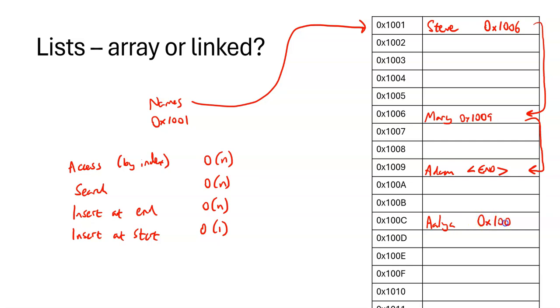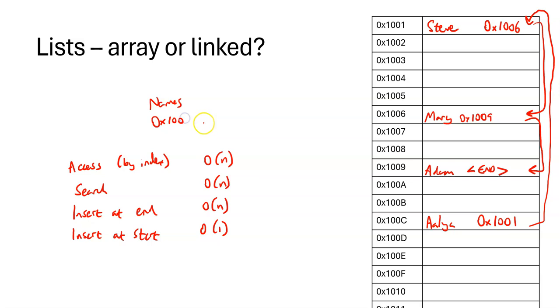Alia is then going to link to Steve, who is here. We put this, so that pointer is taking us up to here, and then we would change this pointer for the header of the list, which takes us to 100C. So that operation can be done in constant time.